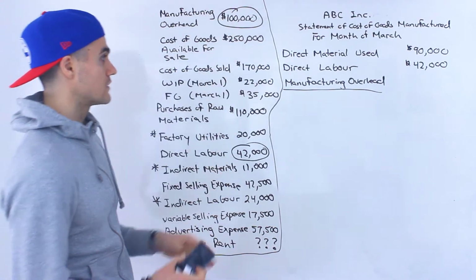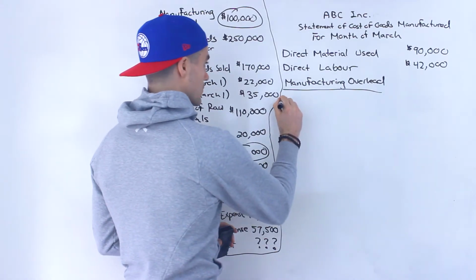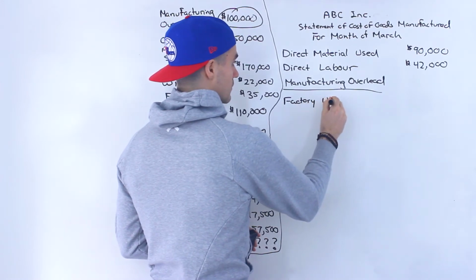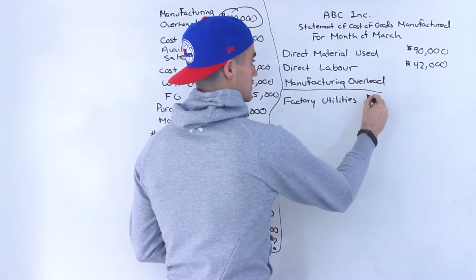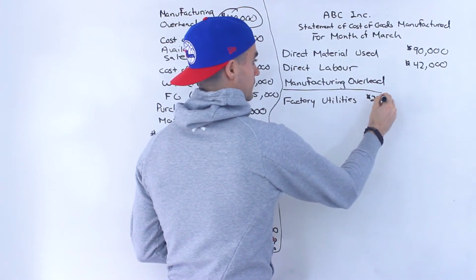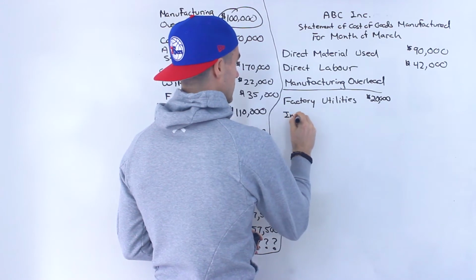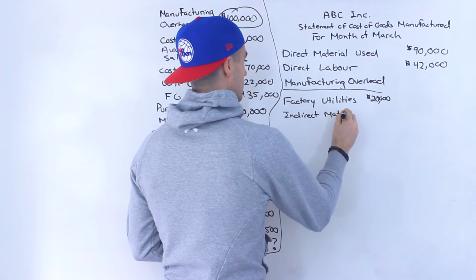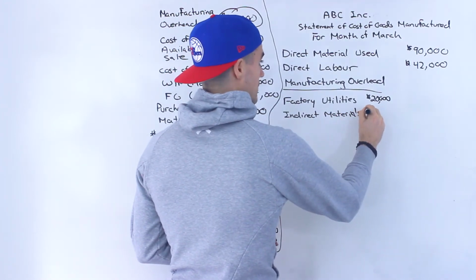So that's why we were given this total. So let's sort of organize this. Let's first write factory utilities here. So we got this 20,000. And then we have indirect materials, which is 11,000.